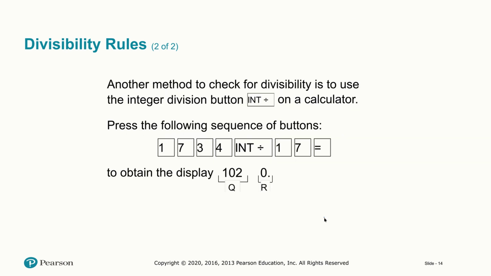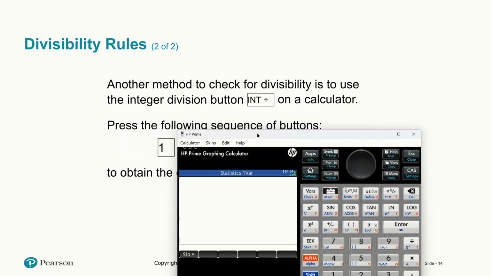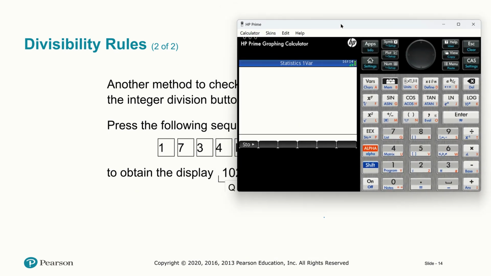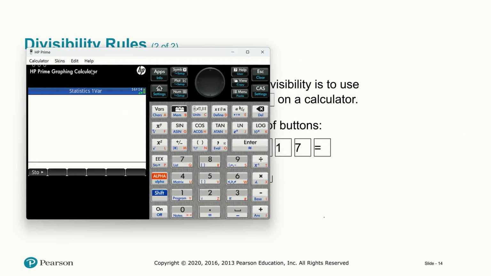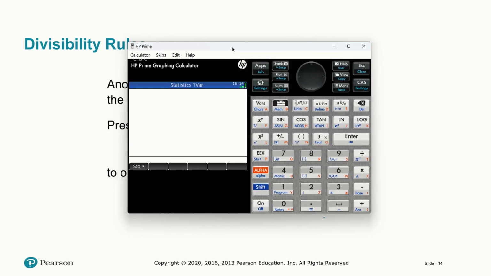One way to test divisibility is if you have a calculator that's capable of doing this, you could use what's called the integer division feature of that calculator. The one that I have been recommending to you is this freely available HP Prime graphing calculator. On this calculator, you do not have an integer division button that's very clearly obvious, right?